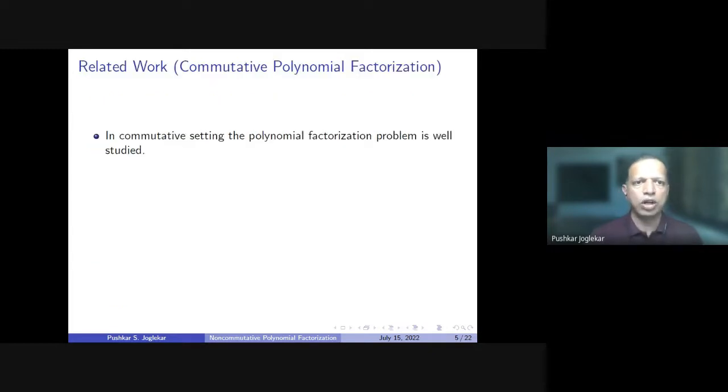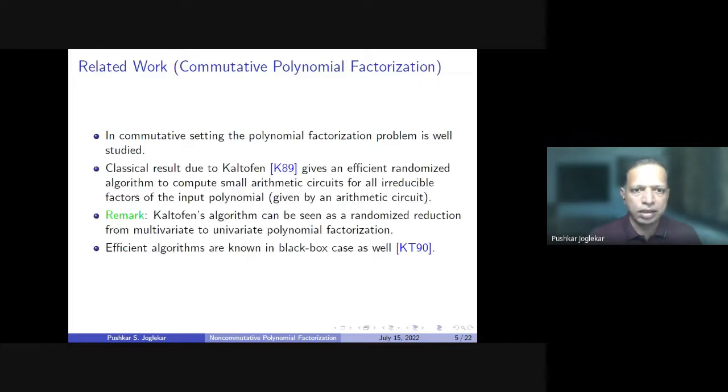So let's recall some related work in the commutative setting. In the commutative setting, the factorization problem is quite well studied. The celebrated result of Kaltofen gives an efficient randomized algorithm for the problem where the input polynomial is given as an arithmetic circuit and the algorithm outputs arithmetic circuits for all irreducible factors of f.